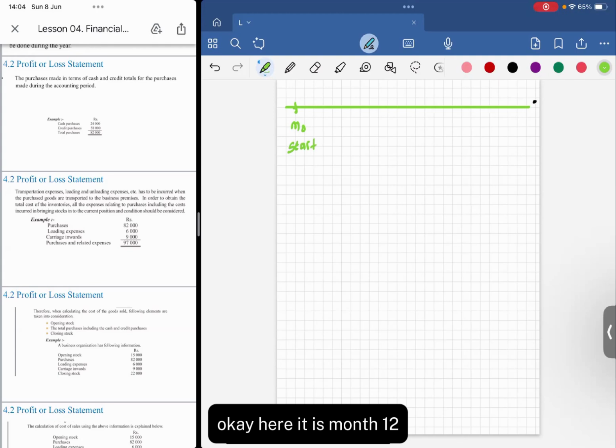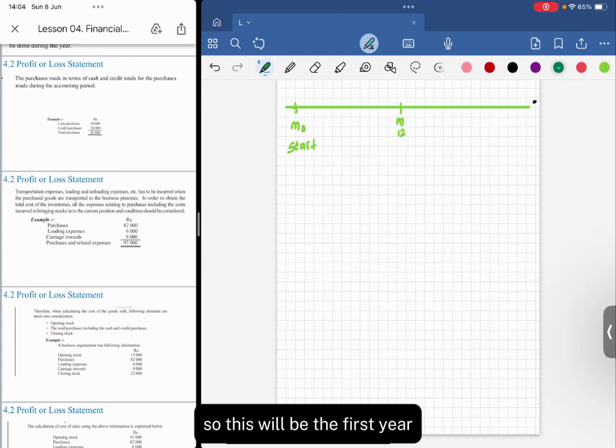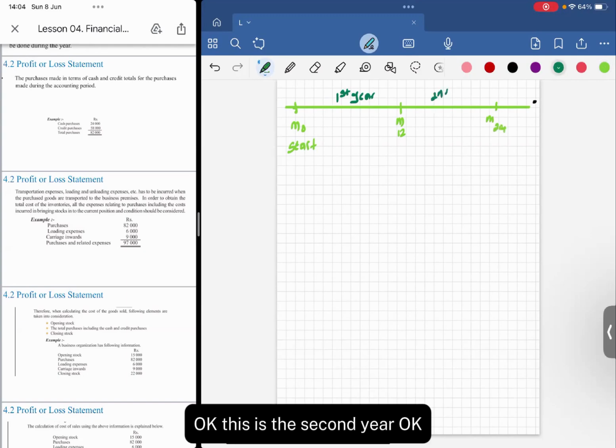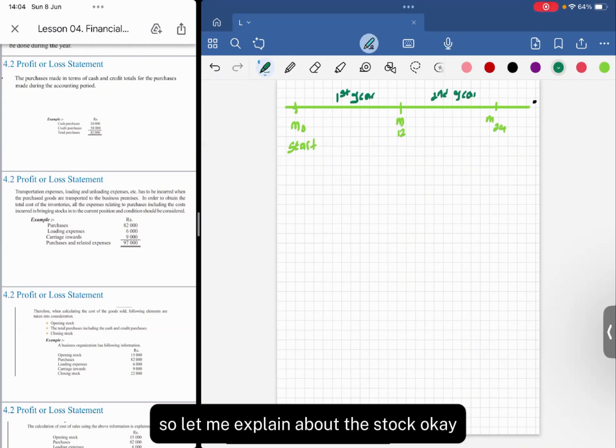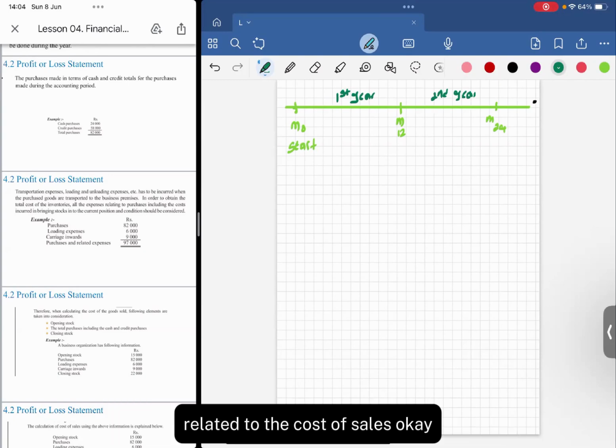Here it is month 12, so this will be the first year. Then we have month 24, which is the second year. Let me explain about the stock, and how the stock and the other components are related to the cost of sales.